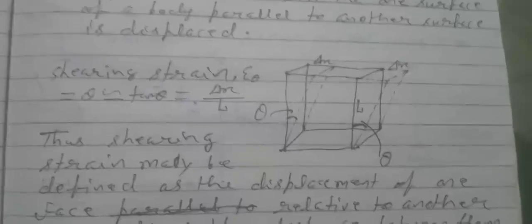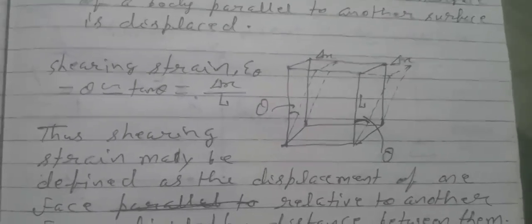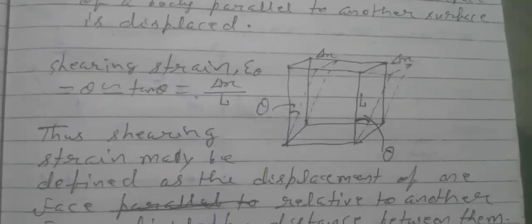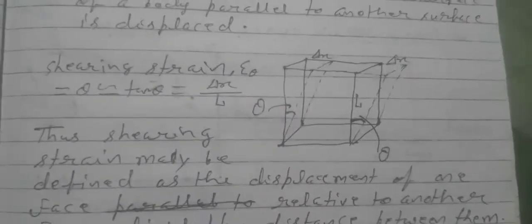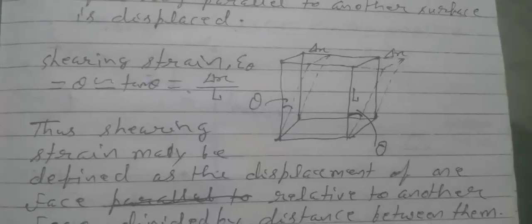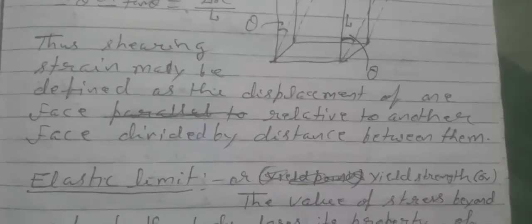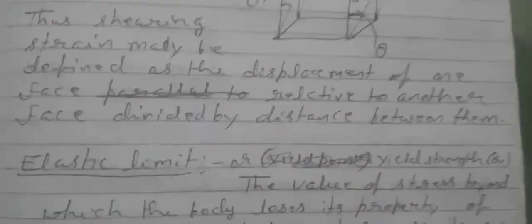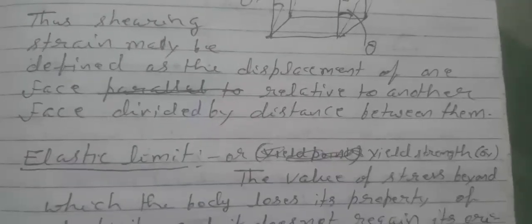Then we can write shearing strain e theta equals theta, which is approximately tan theta, equal to delta x by L. So e theta equals delta x by L. The shearing strain may be defined as the displacement of one face relative to another face divided by the distance between them.